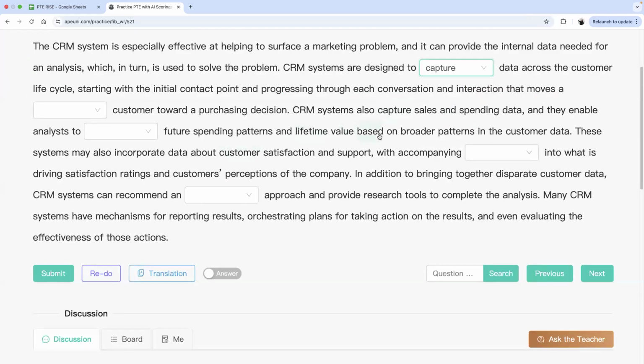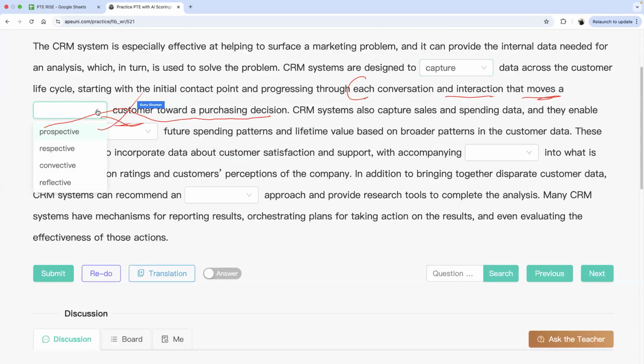Okay. Each conversation and interaction that moves a dash customer toward a purchasing decision. That moves a dash customer. Which customer? Type of customer. Let's see. Prospective, respective, convective, reflective. Okay. Do you know the meaning of the word prospective?